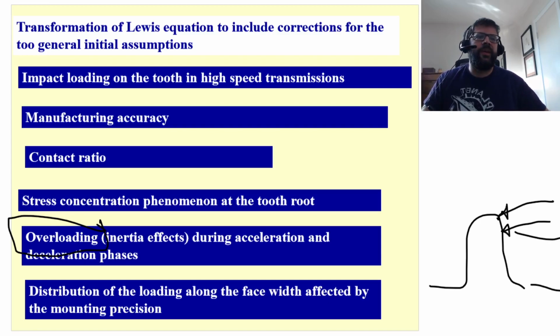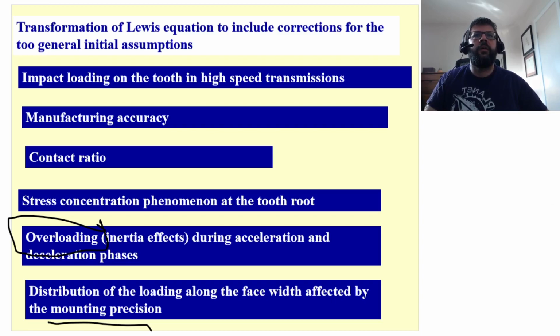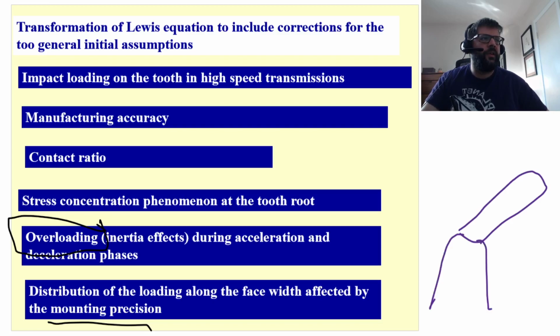And then when you have poorly mounted gears, let me just sketch this real quick. If you have a gear tooth, here's the face, and maybe it looks like this.